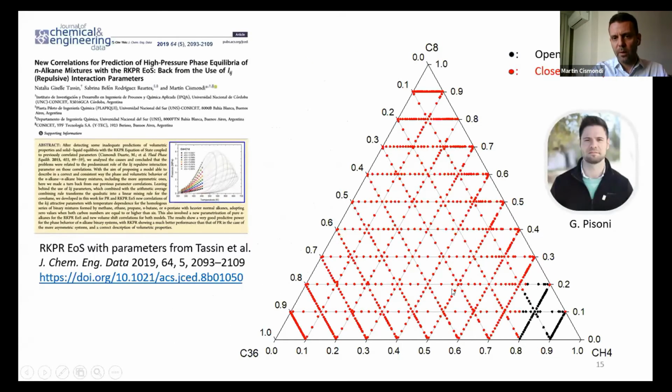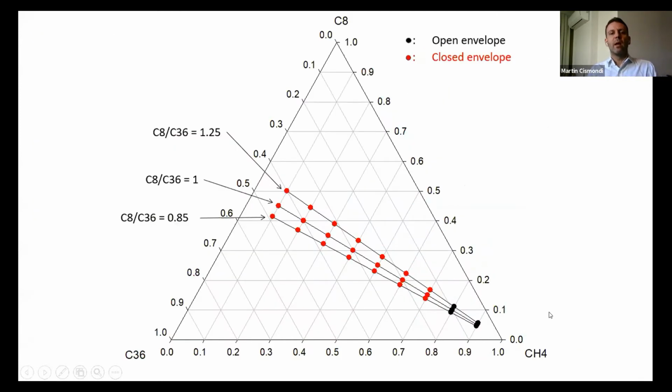But before, let's interpret this evolution. What does it mean to change from this red region to the black region? Let's consider, for example, this series of points, each of them having a fixed ratio of C8 to C36, in this case for 1.25, 1 and 0.85.